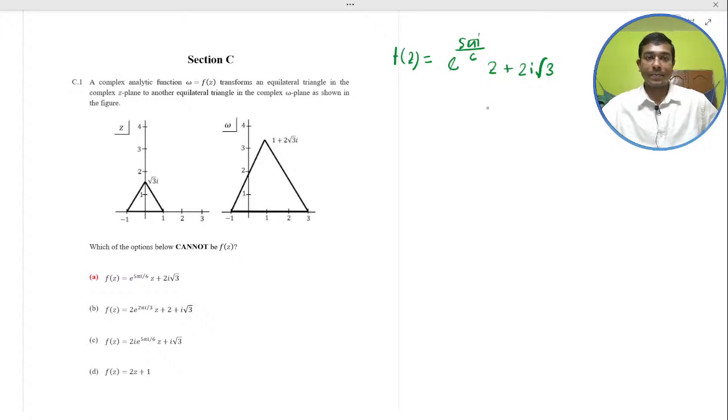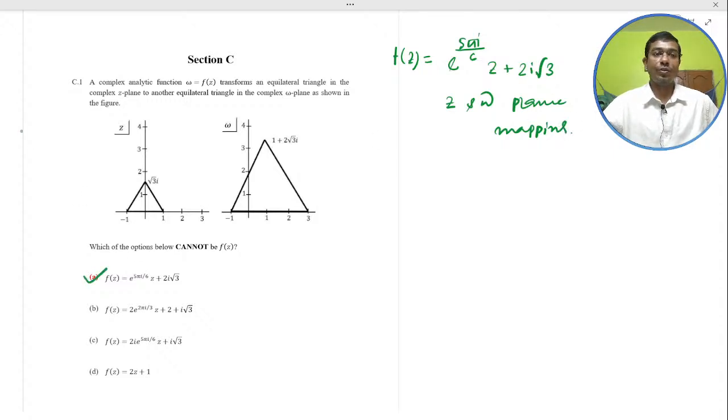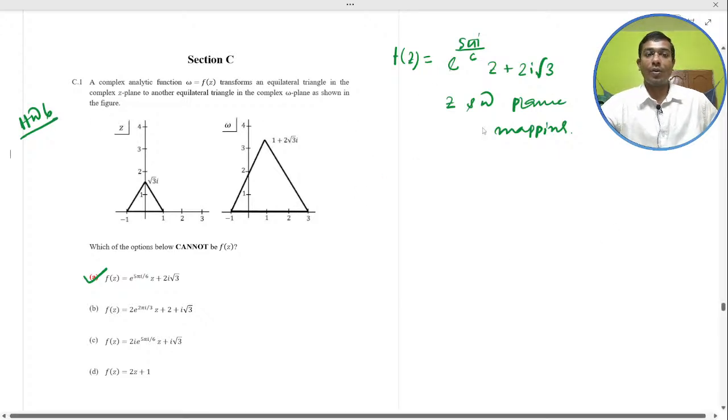You just map one to one between the z plane and the omega plane. You check it, homework number 6. A would be the correct answer.